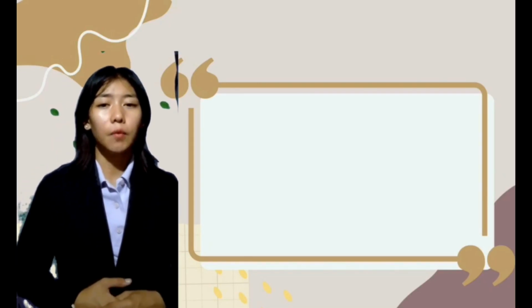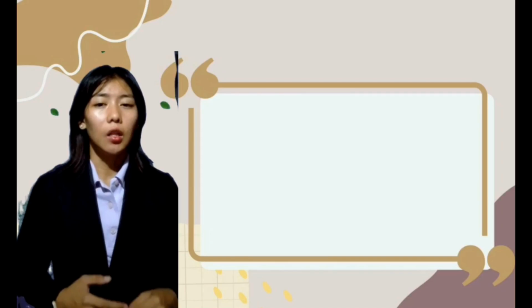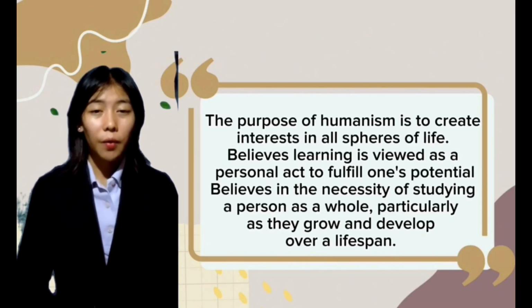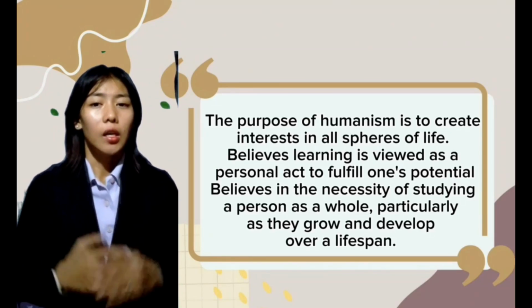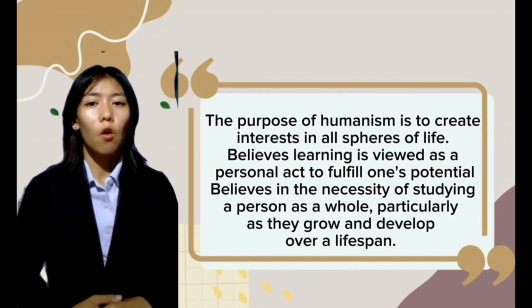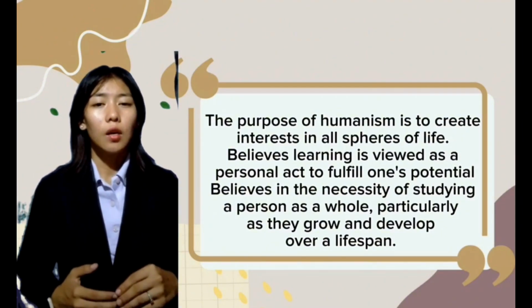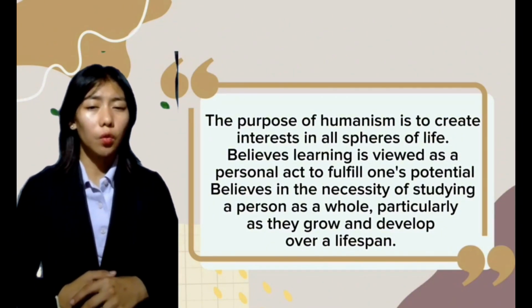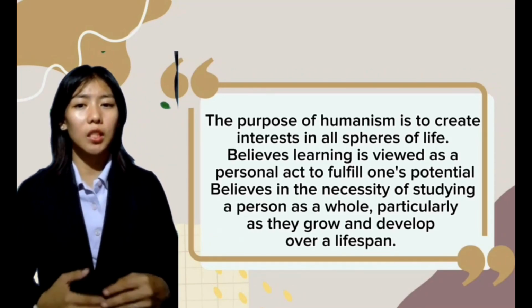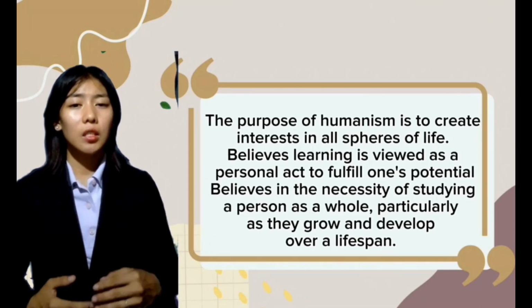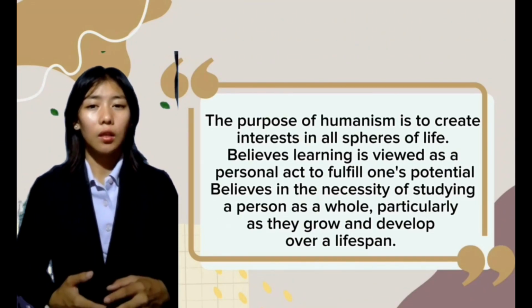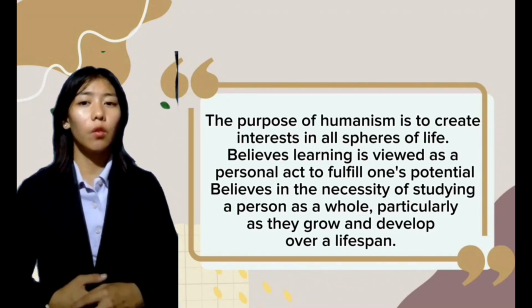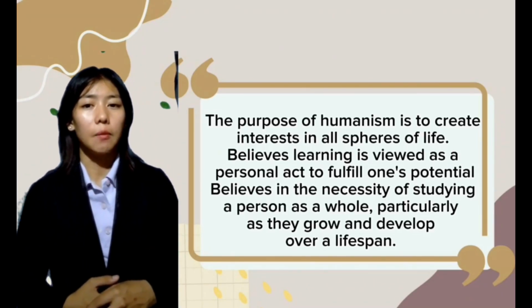All students should be able to make choices about what they will be learning. The purpose of humanism is to create interest in all shapes of lives. It views learning as a person acting to fulfill one's potential, and believes in the necessity of studying a person as a whole, particularly as they grow and develop over a lifespan.